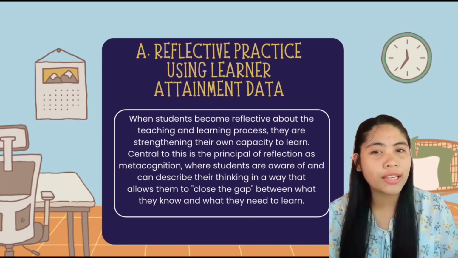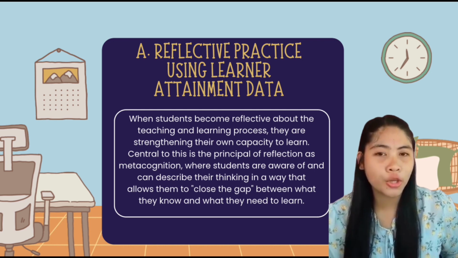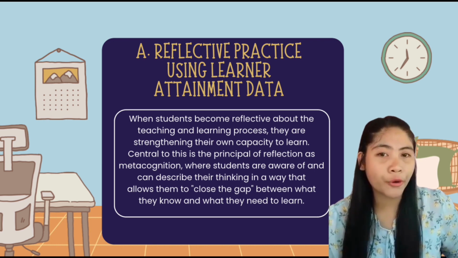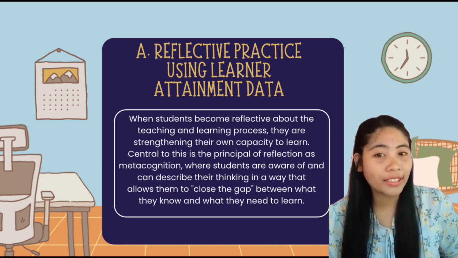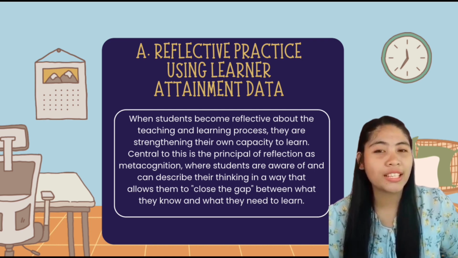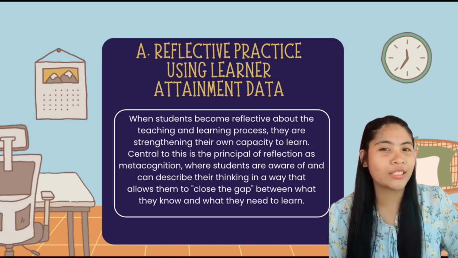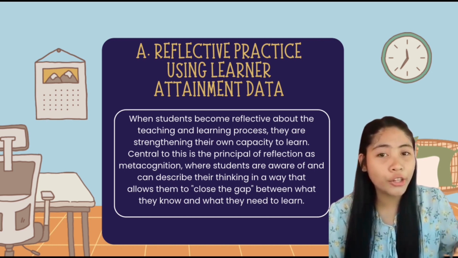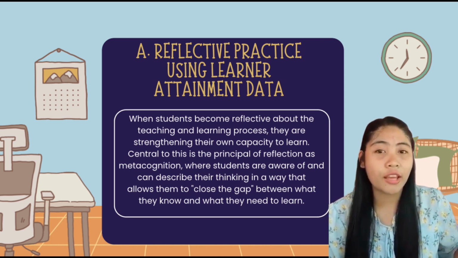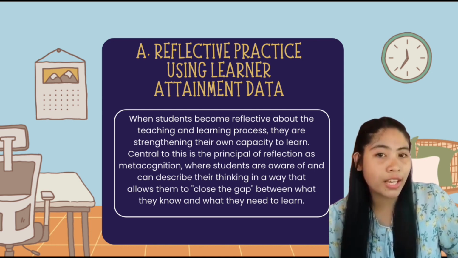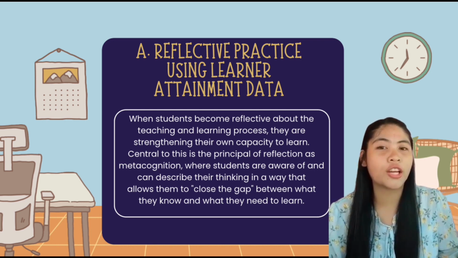So, the first one is reflective practice using learner attainment data. When we say reflective practice, it is in simplest form thinking about or reflecting on what you do. It is closely linked to the concept of learning from experience, whereas learner attainment data is about evidence and results of various assessments that are used in the monitoring and evaluation of learners' progress and achievement.